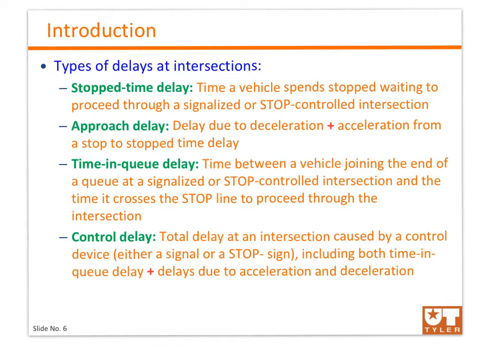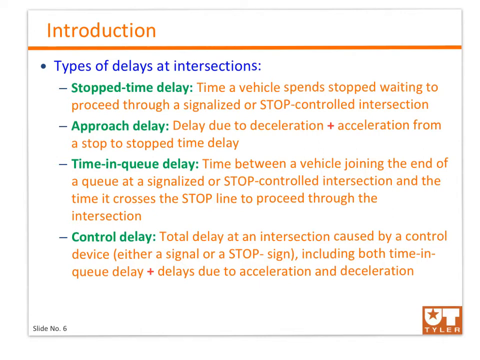It takes you some time from 45 miles per hour till 0. Once you reach 0, this is a stop time delay, but the time it takes from pushing on the brake and lowering your speed from 45 miles per hour to 0 is what we call the approach delay.